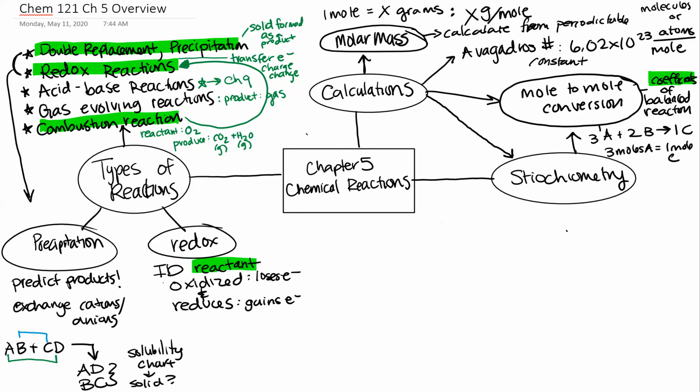So stoichiometry is going to be a way of predicting products or reactants, as I said, and it follows the same kind of pattern each time. Here are the steps. One, you have to make sure you have a balanced chemical reaction.